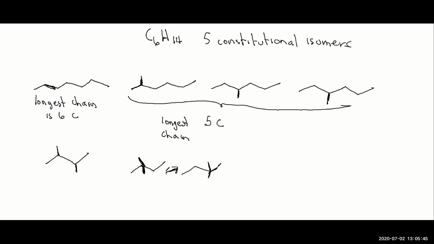They're just written in different orientations, because we could rotate this molecule into this position and we'd have identical molecules. So that's the thing about organic chemistry and drawing. You have to get a feel for which drawings are identical representations of the same molecule.